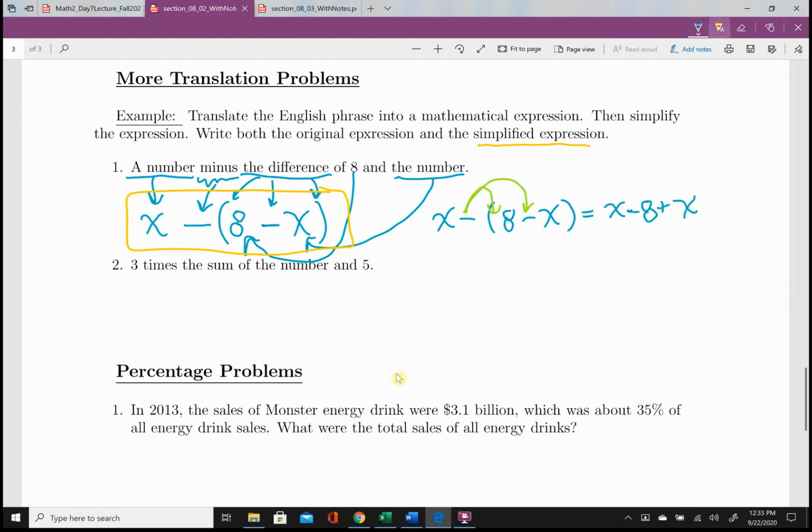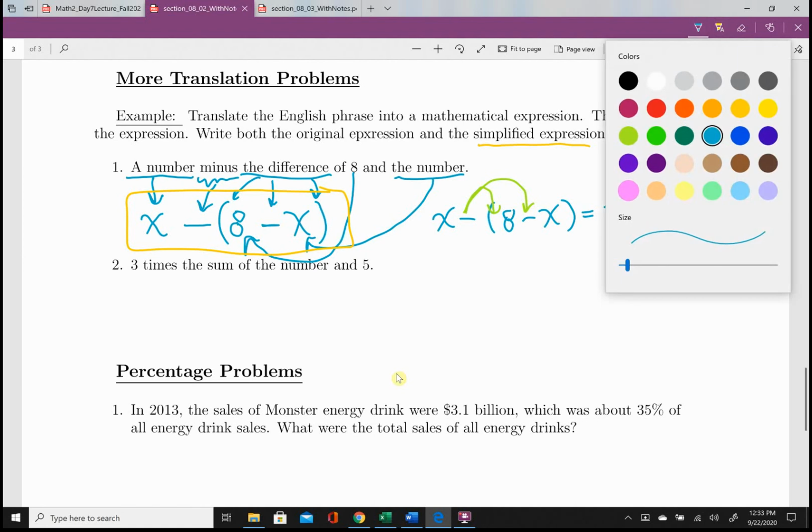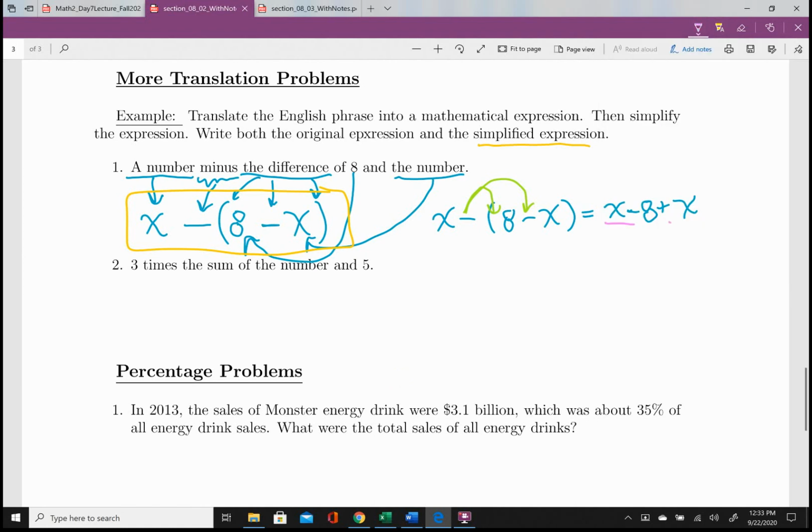So combine your x terms here. This one and this one can be combined, and so it'll turn out that we have 2x minus 8. And then that gives your second part of the answer, the simplified expression. So here's the original directly translated expression, and here is the simplified version over here.